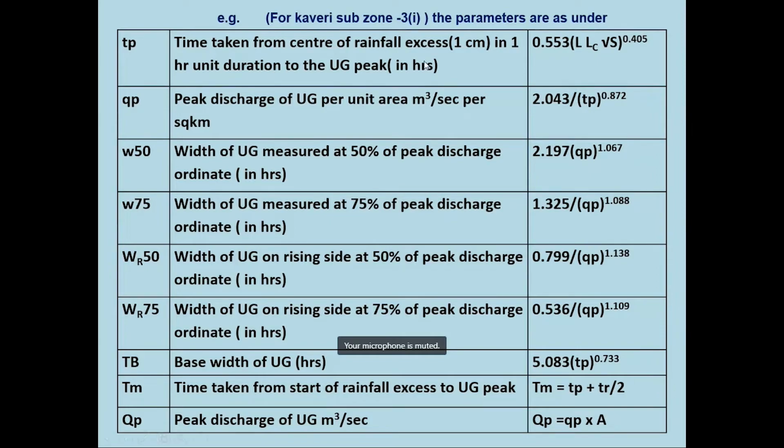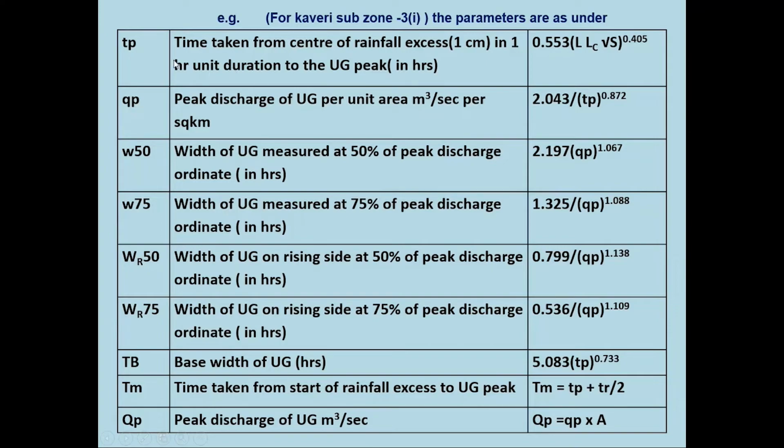Each and every subzone will have a different set of these formulas, but the first column will remain the same for all subzones. Only the coefficient and the power values will change in all subzones, but these parameters will remain the same.